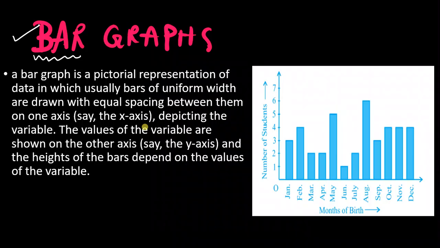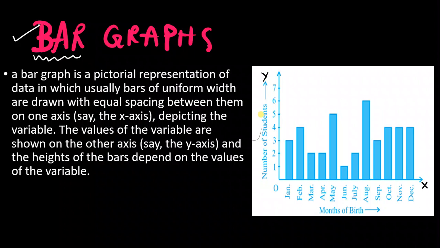So we have the x-axis and the y-axis in a bar graph. The y-axis basically shows all your numbers and values, whereas on the x-axis we have the variable.